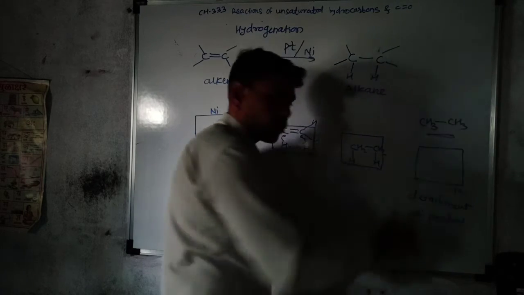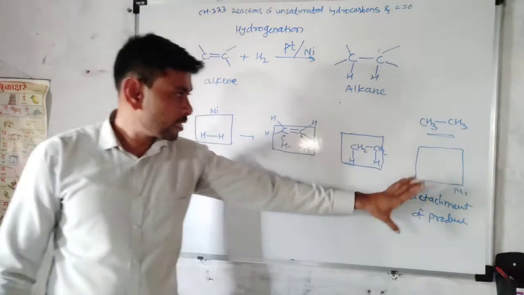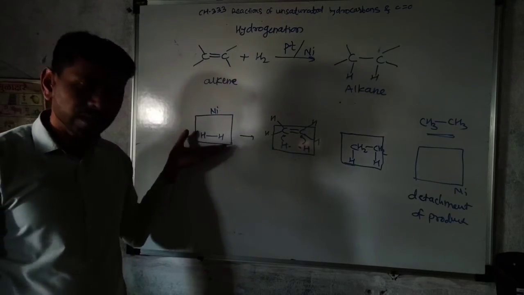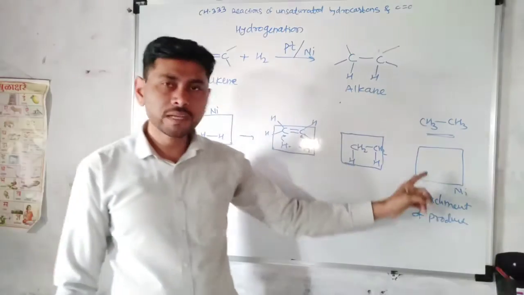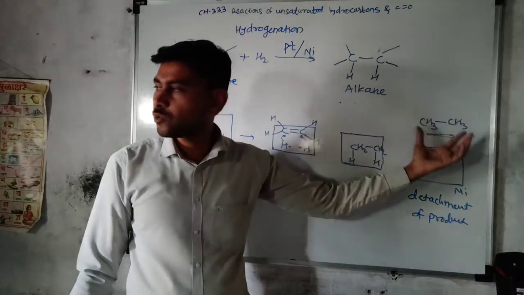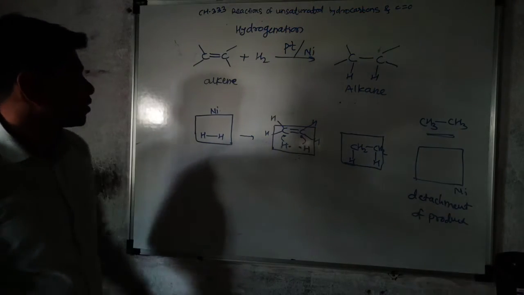So we get the free product here, and this is possible only when we add the catalyst surface. Due to this, the reaction is possible, and in this reaction we obtain saturated alkanes.